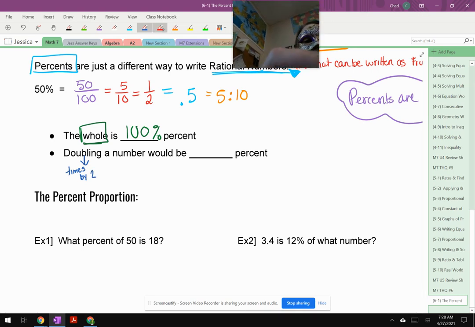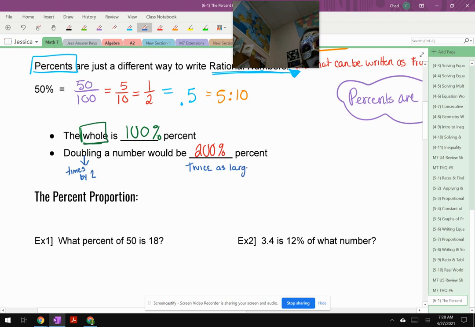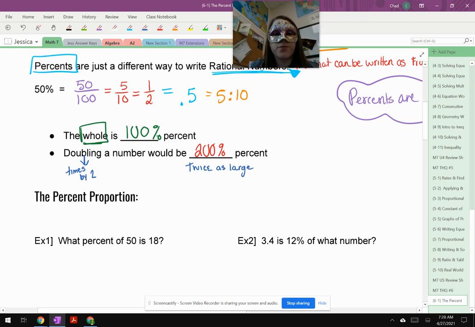If 100 is the whole and we double it, times it by 2, then doubling a number would be 200%, making it twice as large. Just some logical stuff for you.